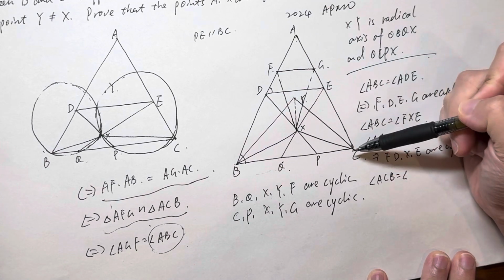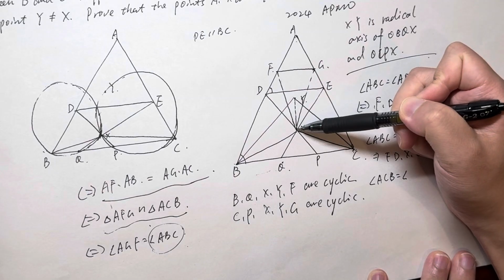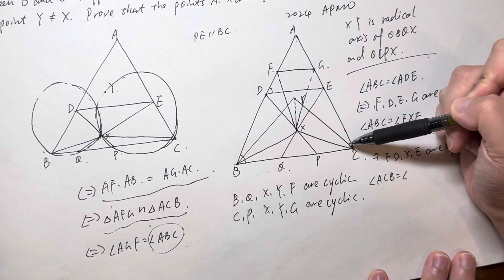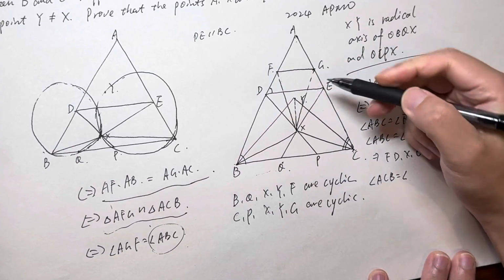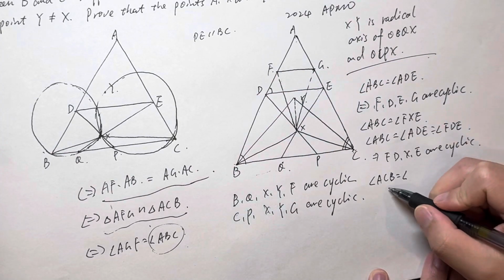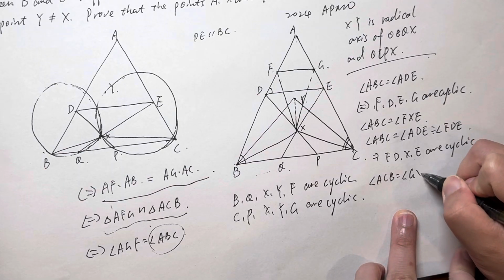Because GCPX are cyclic, the angle ACB equals angle GXD.